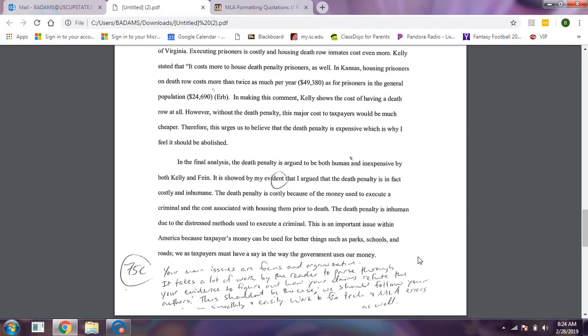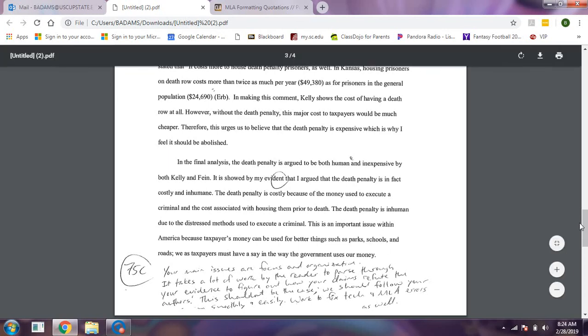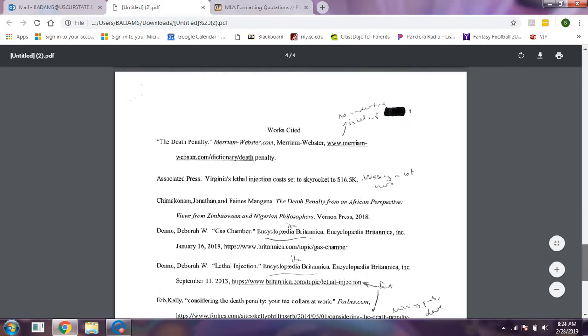We're talking about whether or not capital punishment is the right way to be dealing with prisoners, and more specifically, is it expensive? Is it morally right? Again, his conclusion is okay, but is not showing exactly how he has refuted the argument. This is a big picture issue that you need to be looking at in addition to small picture issues. Is he actually fulfilling the requirements of the assignment?